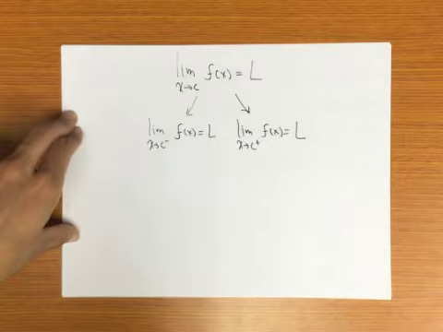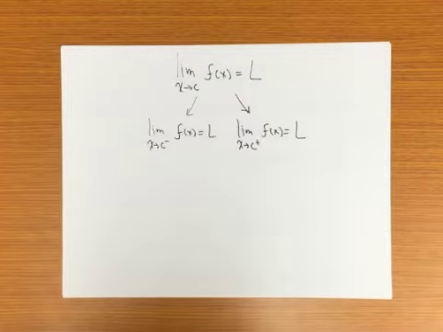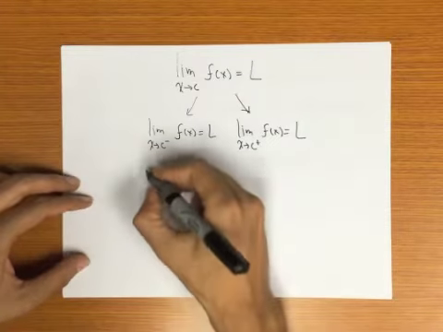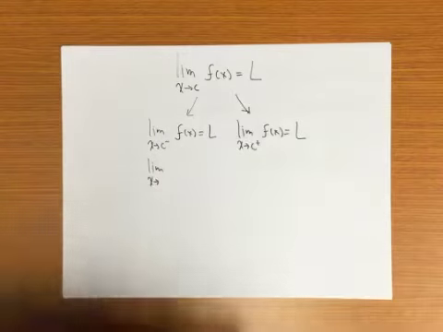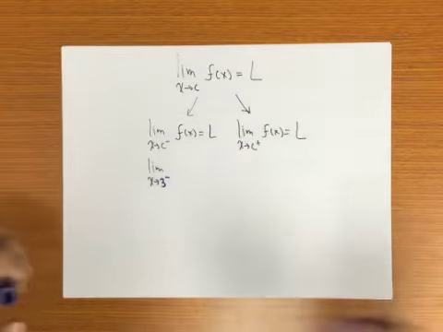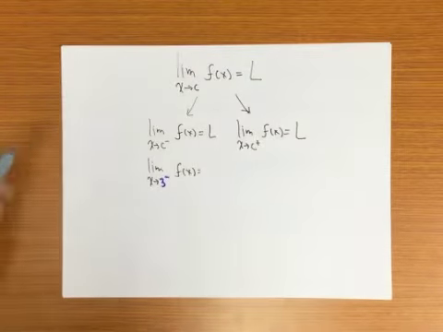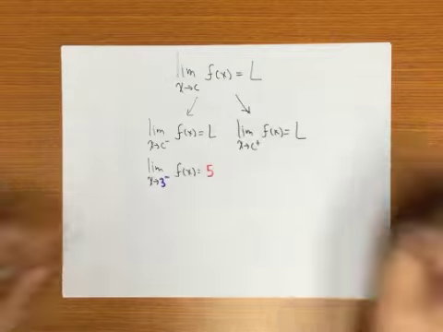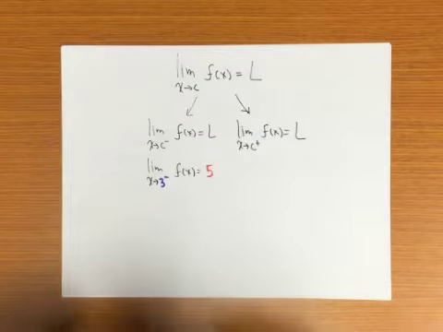A numerical example will be the following one. Imagine that we make an analysis of a function. So if we have that the limit when x approaches, let's say, 3 from the left of a function is equal to 5. Let's imagine that from the left side, the value for y is equal to 5.